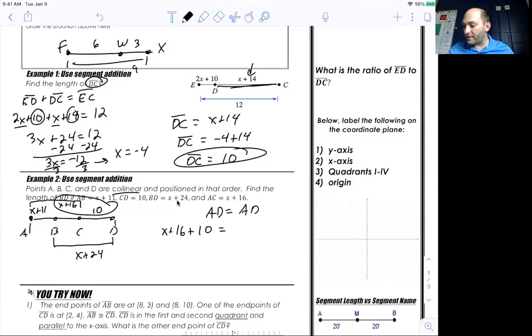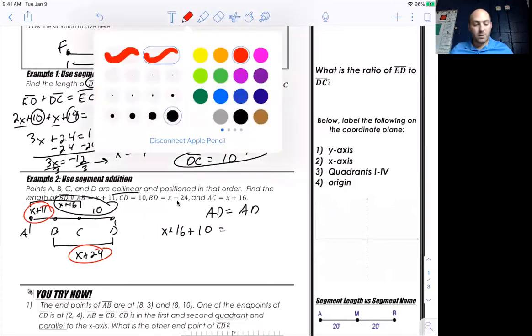If I look at this other part right here, let's go with red. x plus 11 was this section, x plus 24 is the rest. These two pieces also make up the entire length of AD. Whoops, that's too thick, I didn't want that one.